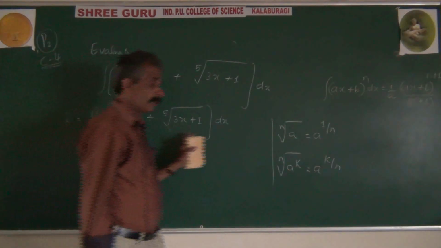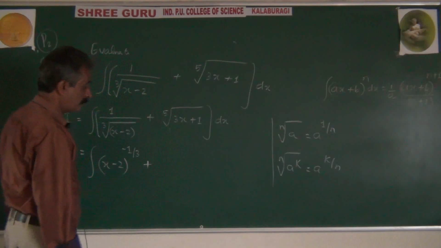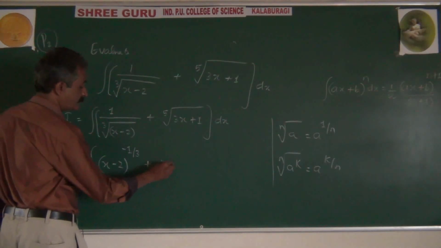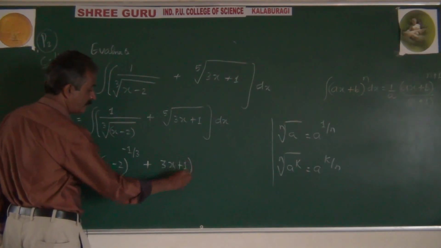Plus the fifth root becomes power 1 by 5: (3x plus 1) to the power 1 by 5.